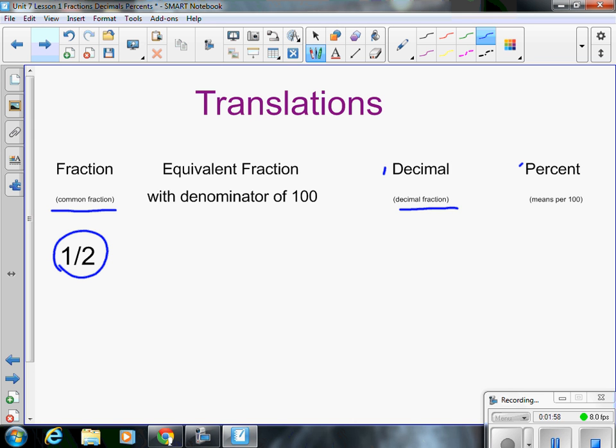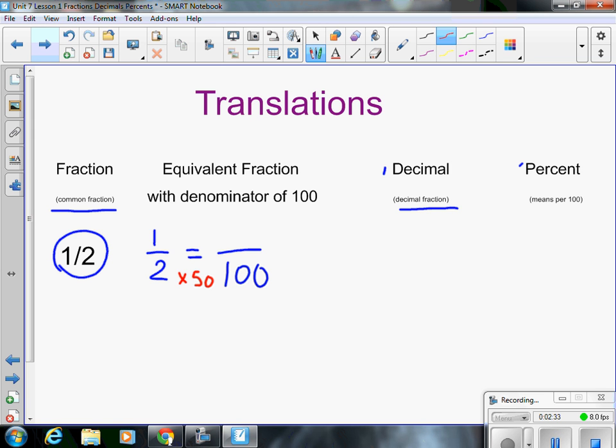And maybe you can guess it right away based on our grid that we just drew, or maybe we need to use paper and pencil method. So we can do both. So if I have 1/2 and I want to make it into an equivalent fraction that has a denominator of 100, you should remember how to do this. 2 times something equals 100. 2 times 50. It sometimes helps if you think about money, because we know that there's 100 cents in a dollar.